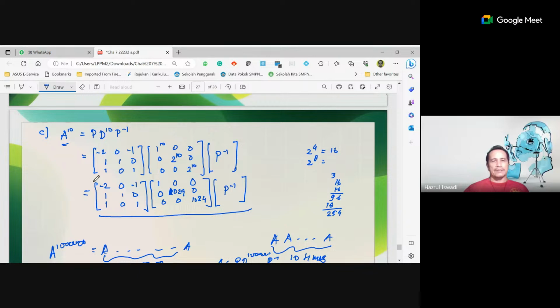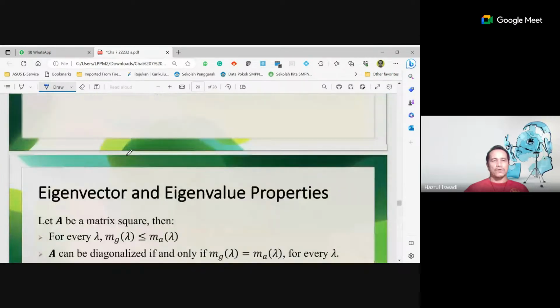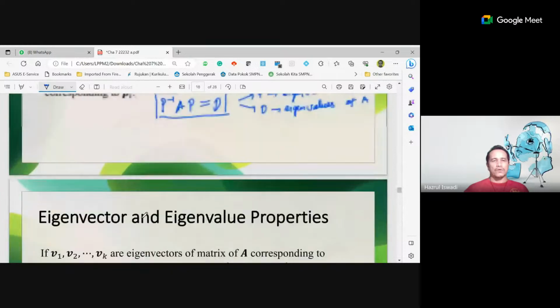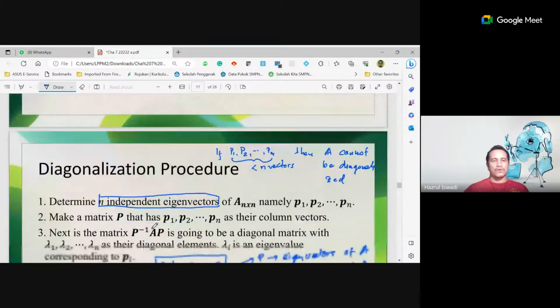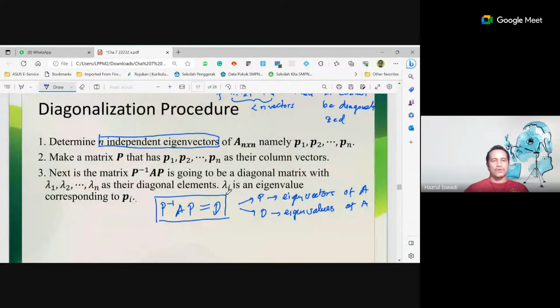Diagonalization is a condition where you can find P and D from A. P must have n independent eigenvectors. If there are fewer than n, we say that A cannot be diagonalized. But if we find n independent eigenvectors, we say that A can be diagonalized.